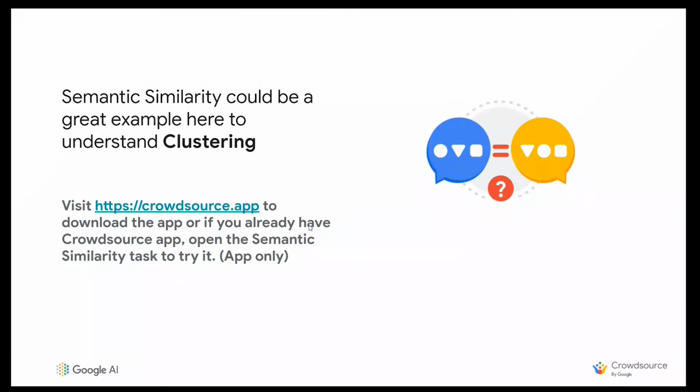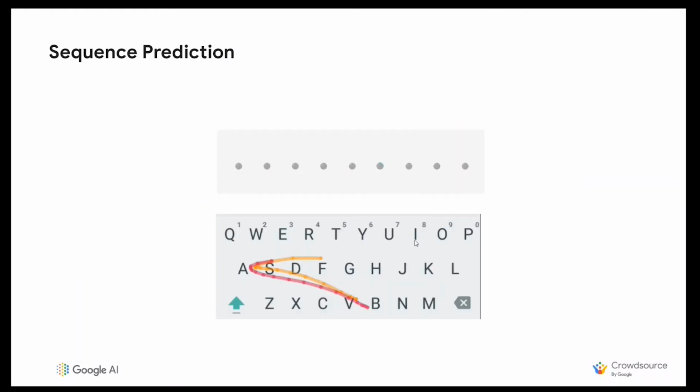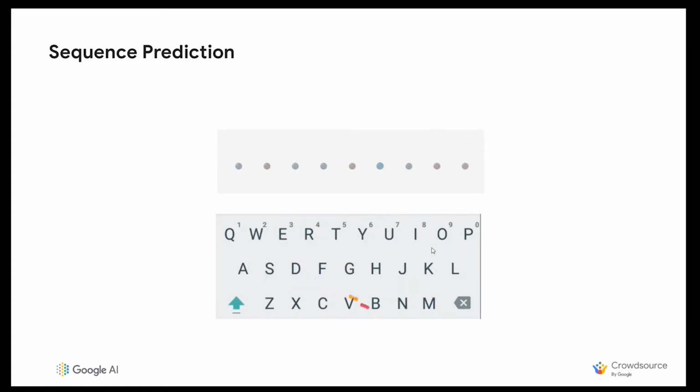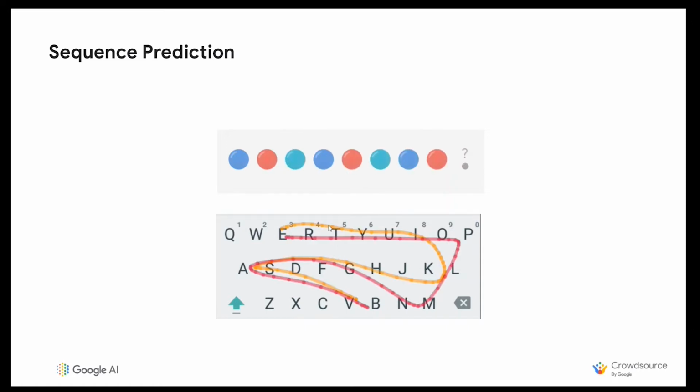Yes. So after semantic similarity, we'll get into a new algorithm called sequence prediction. Nowadays we use Google Keyboard a lot, where you swipe and the words are predicted based on how you scribble on the keyboard, and this is done by sequence prediction.